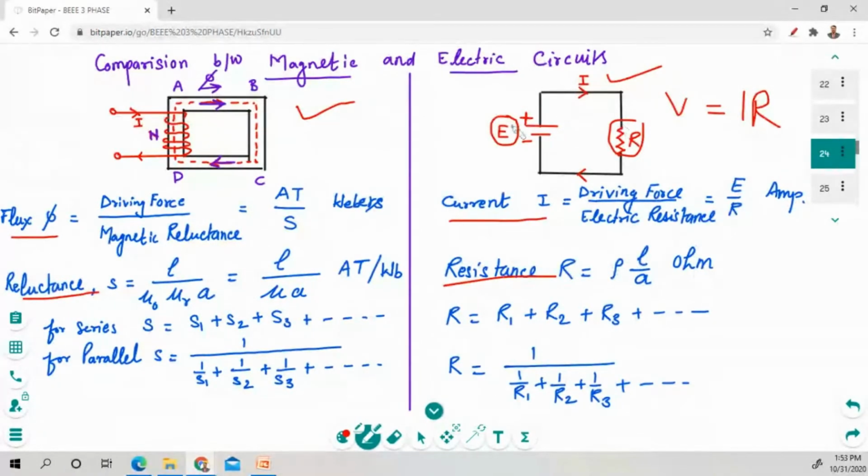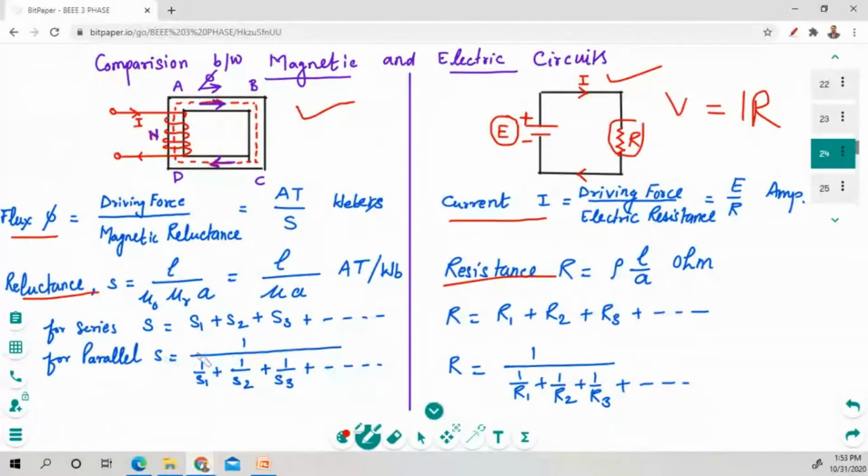Okay. In case of this electrical circuit, we are considering this resistance. Okay. So that's why we are using rho into L divided by A. Okay, L is the length, A is the area. Okay, this is the constant term rho. Okay, in series we can find out all the reluctances using addition of all these reluctances, S1 plus S2 plus S3.